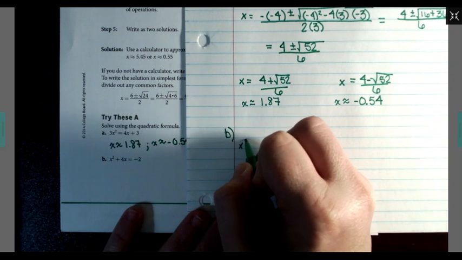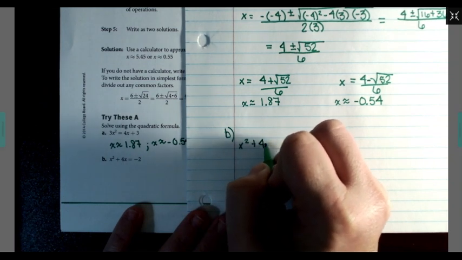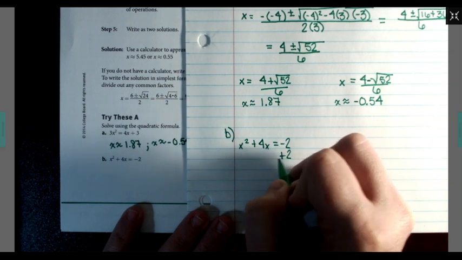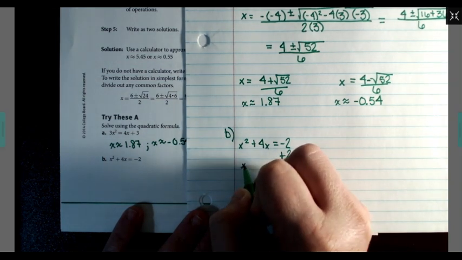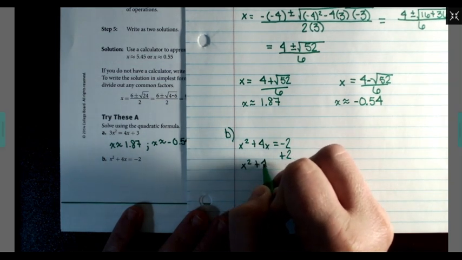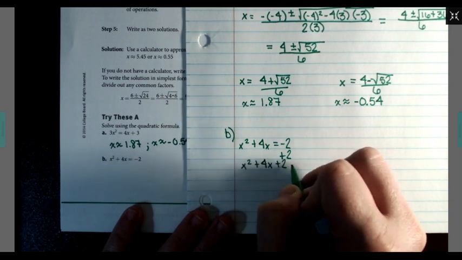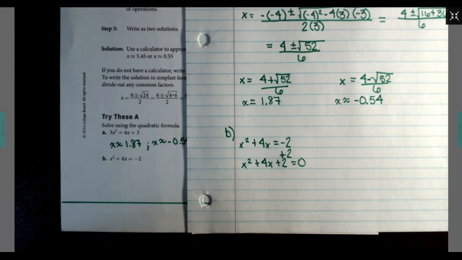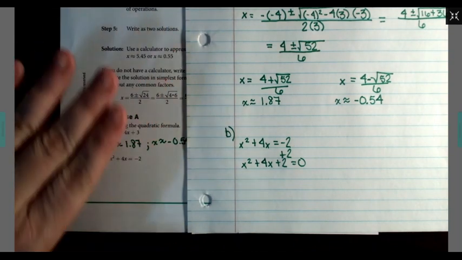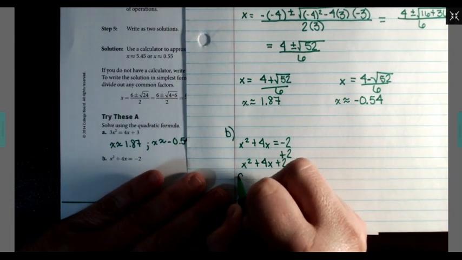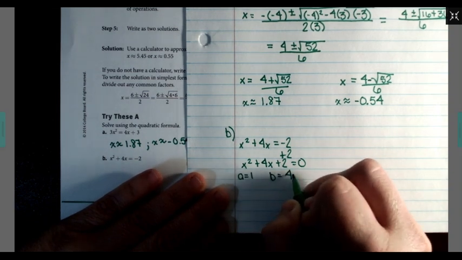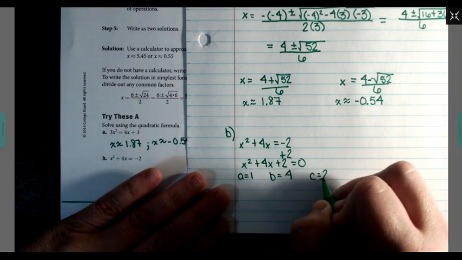B, we start off with x squared plus 4x equals negative 2. So here we're going to add 2 to both sides. So we'll have x squared plus 4x plus 2 equals 0. Next thing we're going to do is identify A as 1, B is 4, and C is 2.